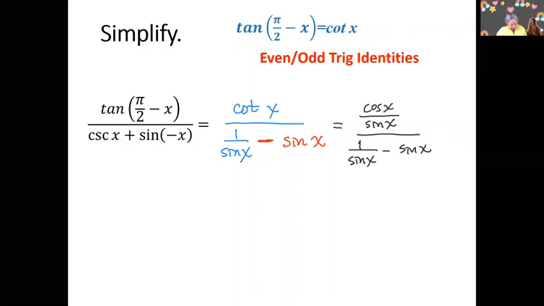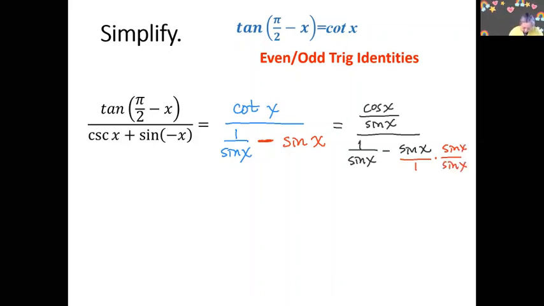Then again, now I recognize combining will happen. So this is over 1, and in order to make the denominator the same as the sine of x, I have to multiply sine x top and bottom, right?